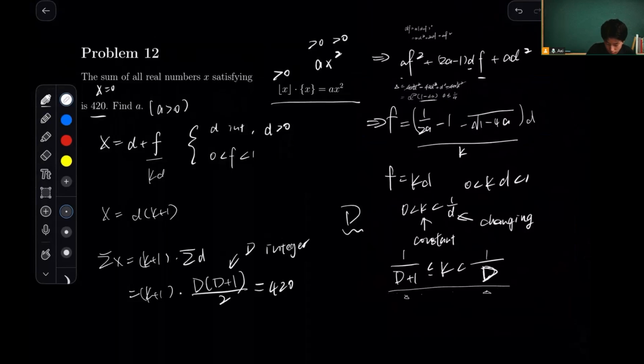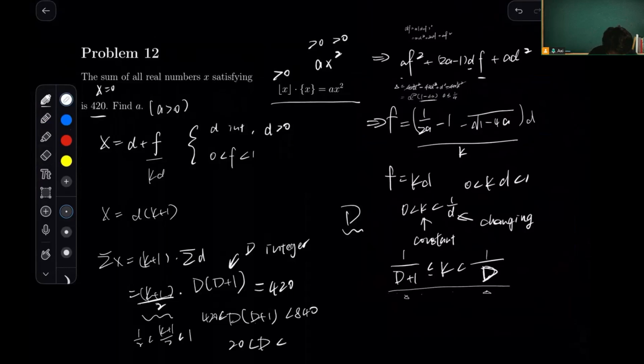Well, the first thing we notice is that we can move this divided by 2 over to below (k plus 1), because really we're trying to analyze D, the one with a constraint, which is D as an integer. So we can move the other constraints to other things, and we can conclude over here this term is between 1/2 and 1. That means D times (D plus 1) is between 420 and 840. That means D is between 20 and 29.